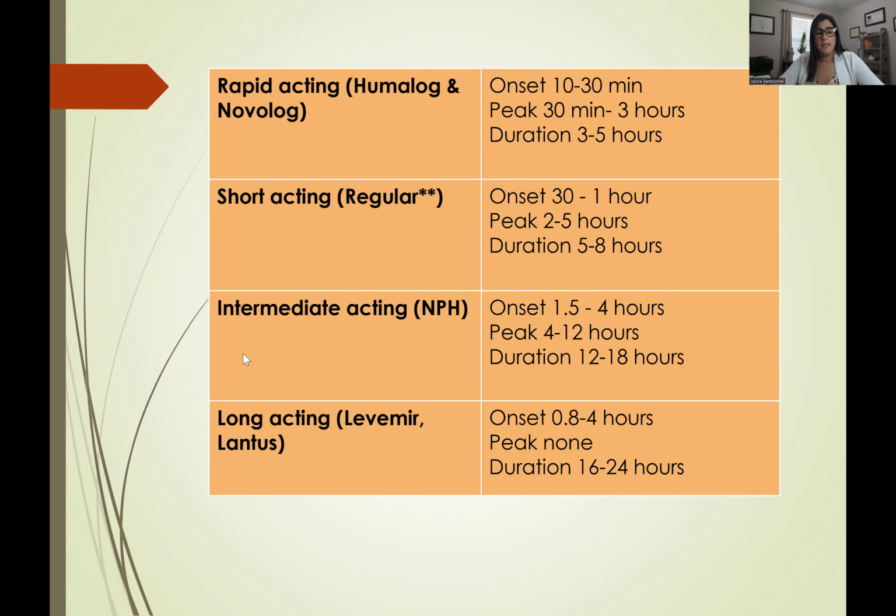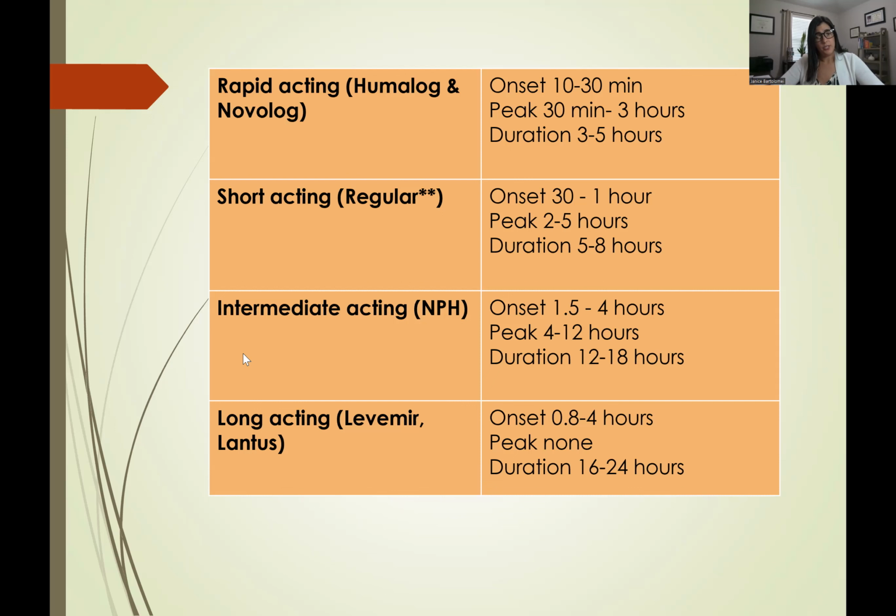Its onset is 1.5 hours to 4 hours, it peaks at 4 to 12 hours, and it lasts 12 to 18 hours. The long acting, commonly called Levemir or sometimes Lantus, has an onset of 0.8 to 4 hours. It does not peak, and it can last between 16 and 24 hours.